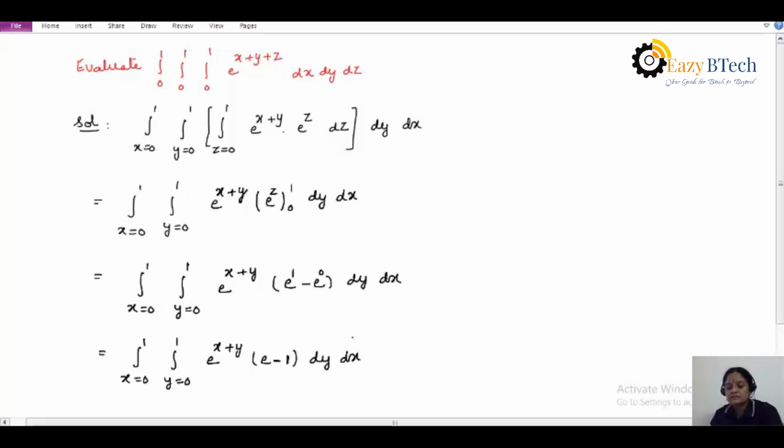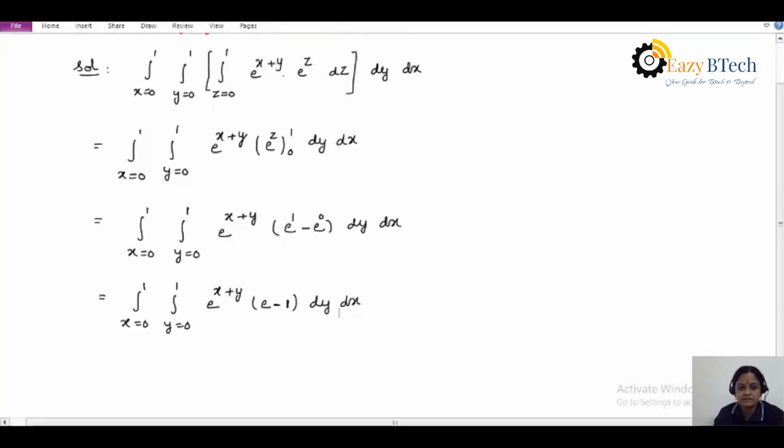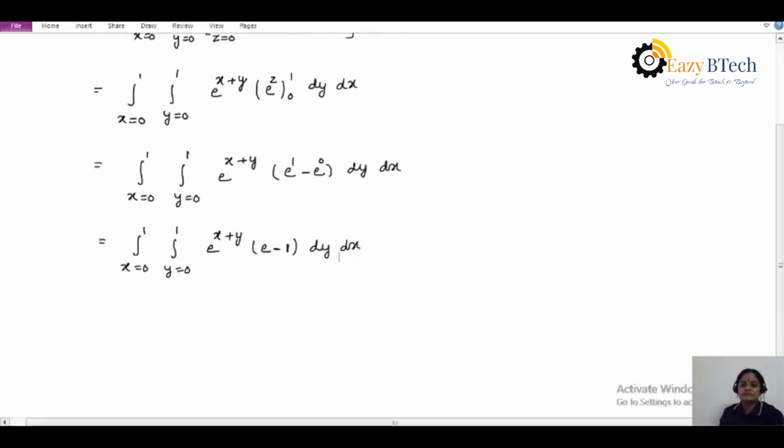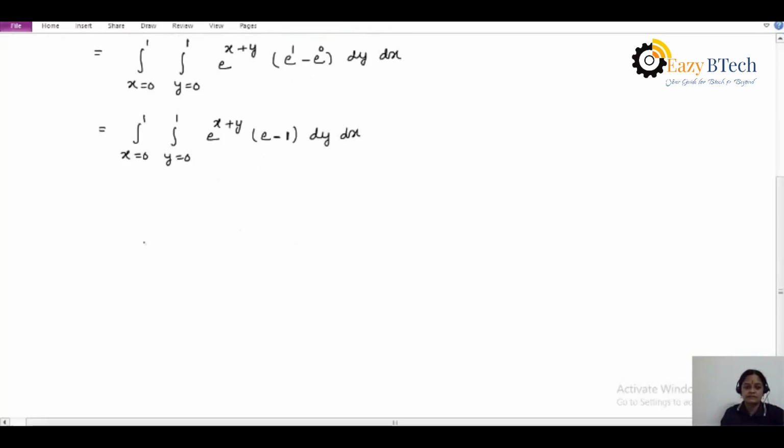Okay students, so now the next integration is with respect to y here. So before that, e minus 1 is a constant here, so e minus 1 as common, and integral x is equal to 0 to 1, then e power x into e power y, I am writing this term, y is equal to 0 to 1, and dy, the next integration is dy.